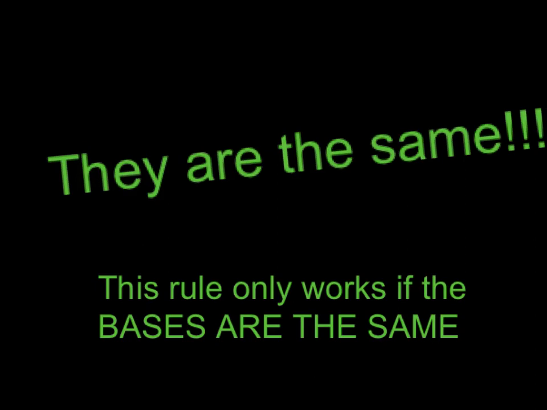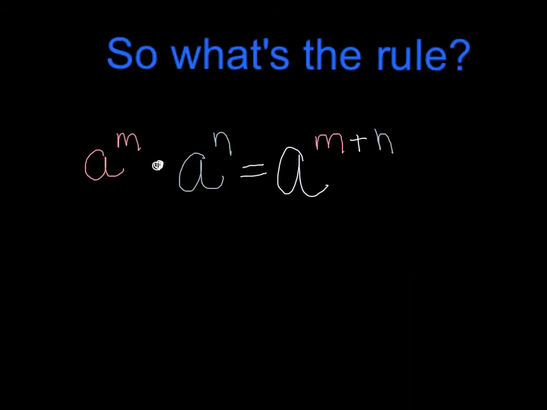So I'm going to give you a rule, but this rule only works if the bases are the same. So here's your rule. The rule is if you have a to the m times a to the n, what do we do with those exponents? We add them. A to the m plus n. So if we look at our second example, what was it?